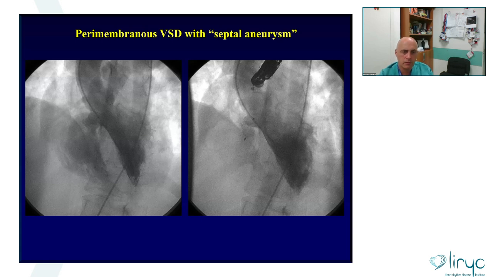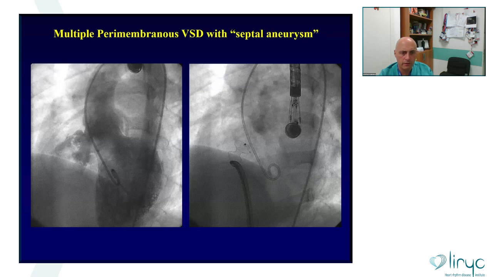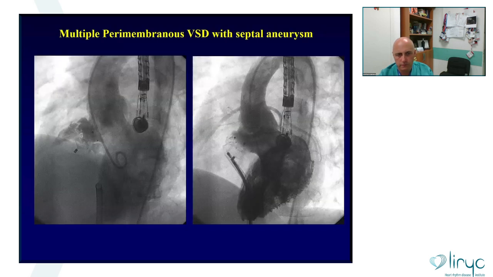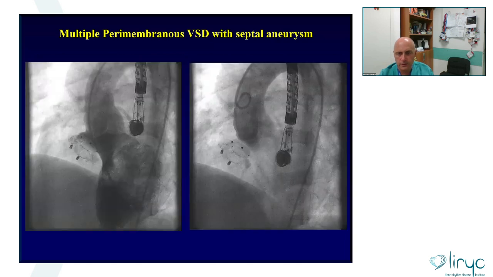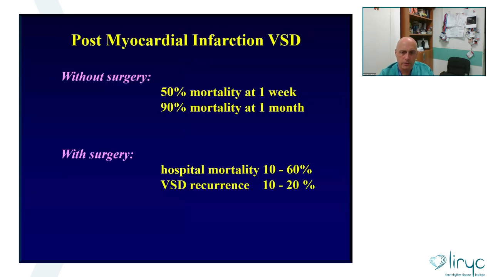But it is still possible to close a perimembranous VSD with a septal aneurysm in a quite safe way, with the older device, or with a muscular VSD or corner. In this case, these are the older perimembranous VSD devices with a nice position within the aneurysm.